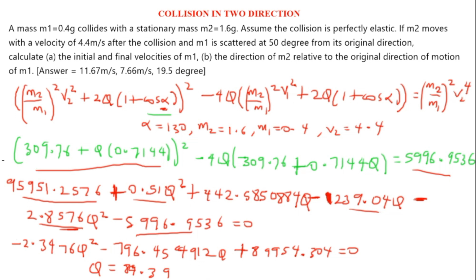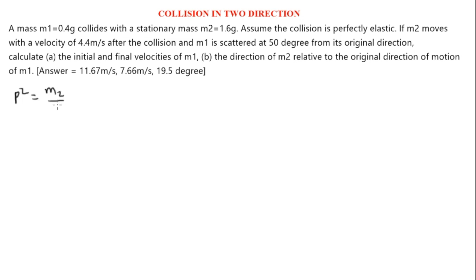Don't forget that we had an equation for p: p squared is m2 upon m1 squared v2 squared plus 2q into 1 plus cos alpha. We already simplified all of this. You know cos alpha, 1 plus cos alpha multiplied by 2. We know q now.